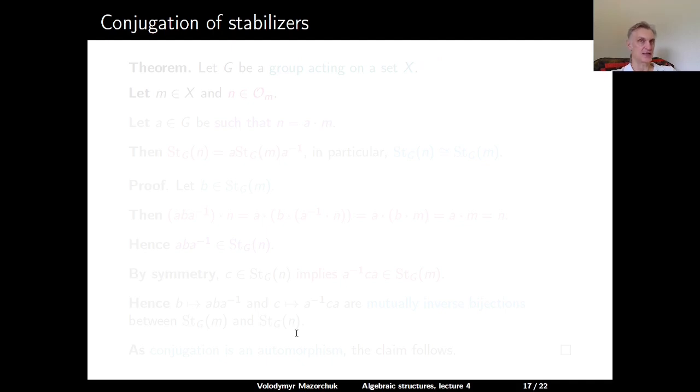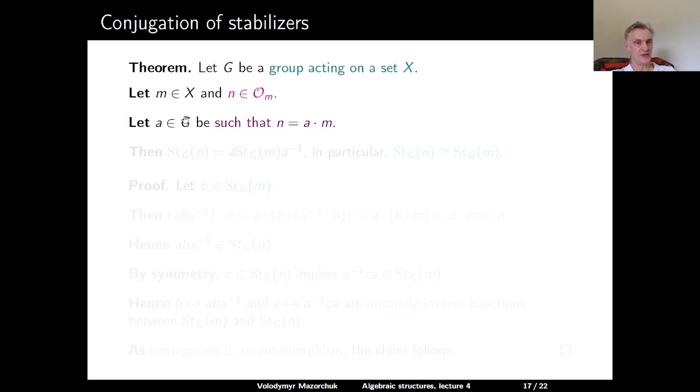Now let us discuss two important facts about stabilizers and orbits. So first is the following theorem. Let G be a group acting on a set X. Let M be an element in X and N an element in the orbit of M. Let A be an element in G such that N is equal to A applied to M. So this exists because N belongs to the orbit of M, by definition.